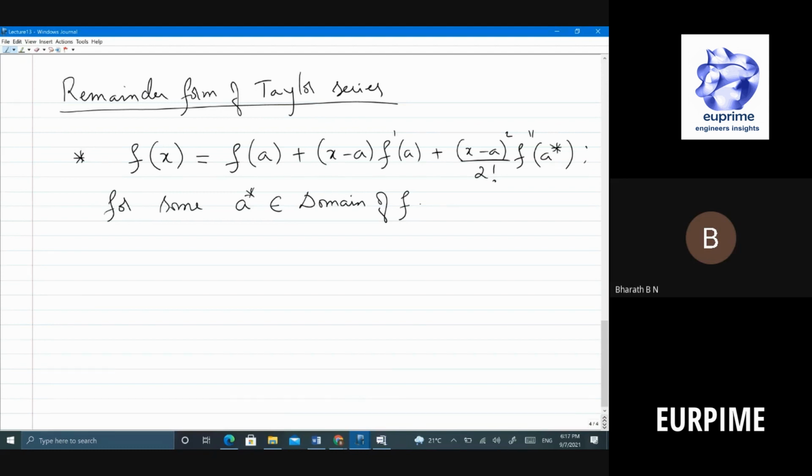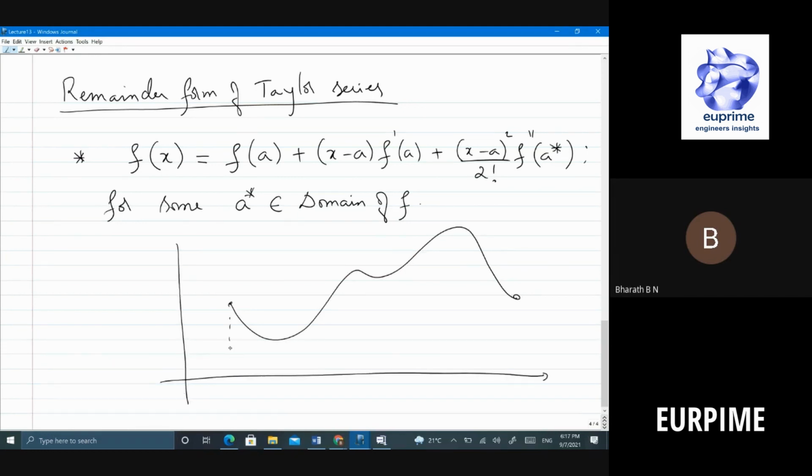Well, I'll pictorially show it for the first order, not the second order. So let's say you have a function which maps, let's say this is your function. Let's call this capital A and capital B. This is your function f of x.